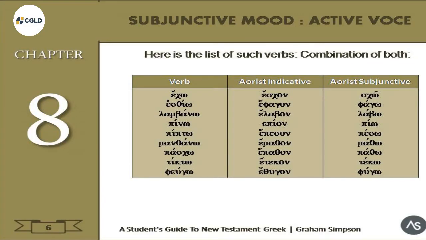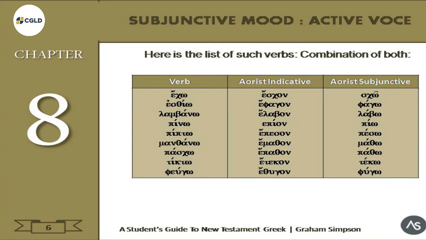If you look at these verbs, I'll go through a few of them, the last few verbs from this table. For example, manthano in aorist indicative becomes emathon, and in aorist subjunctive it becomes matho.